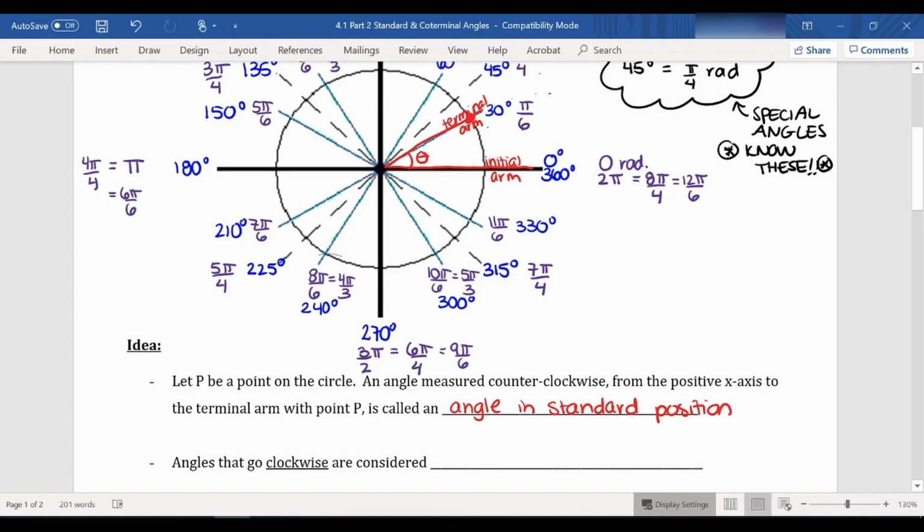If we measure our angle in the other direction, meaning we start going this direction instead, that would be a negative angle.